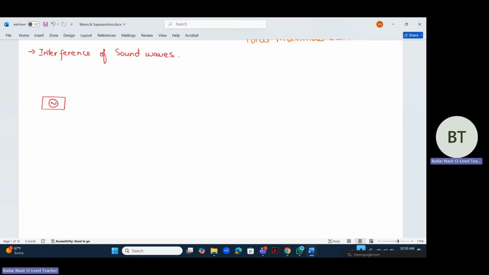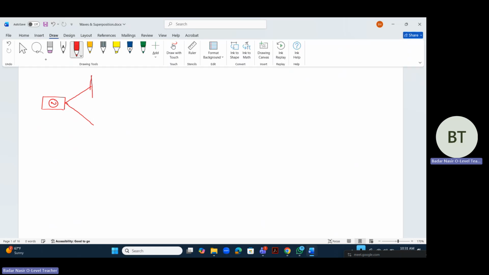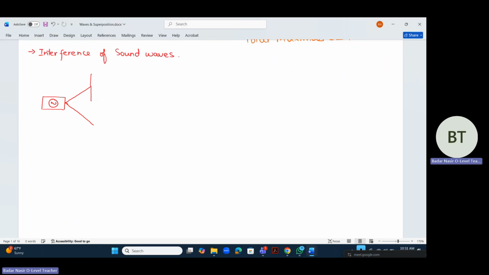Okay, so we have an audio frequency generator. ठीक है, and this audio frequency generator is connected to two different loudspeakers.